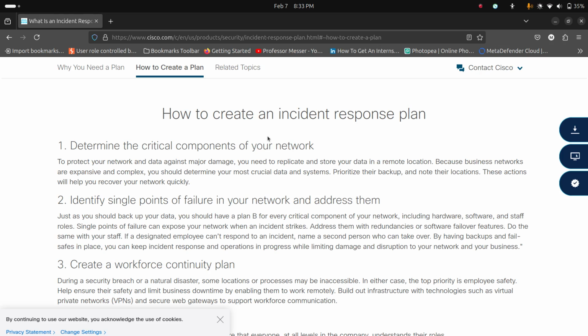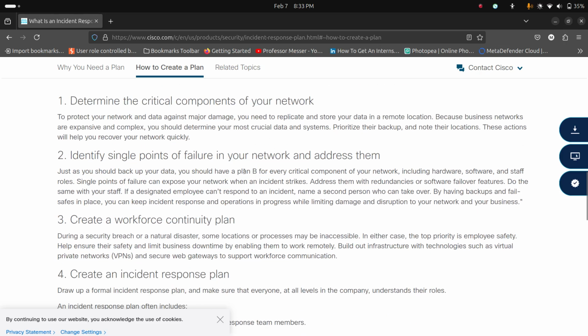Because business networks are expansive and complex, you should determine your most crucial data and systems. So you have to determine the part of the network or your data that is very important. You have to safeguard them, prioritize their backup, and note their locations.